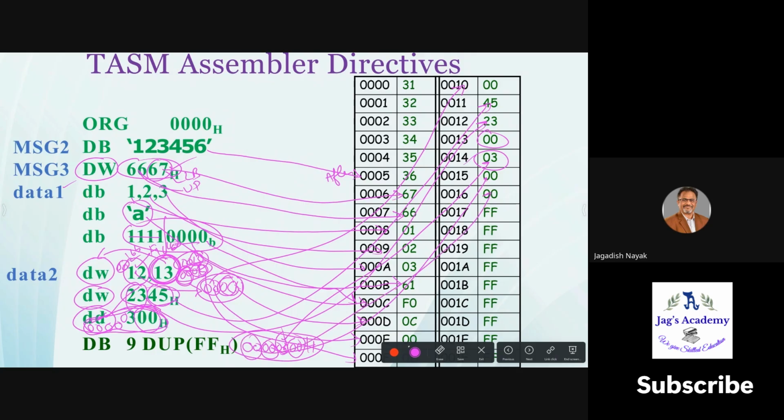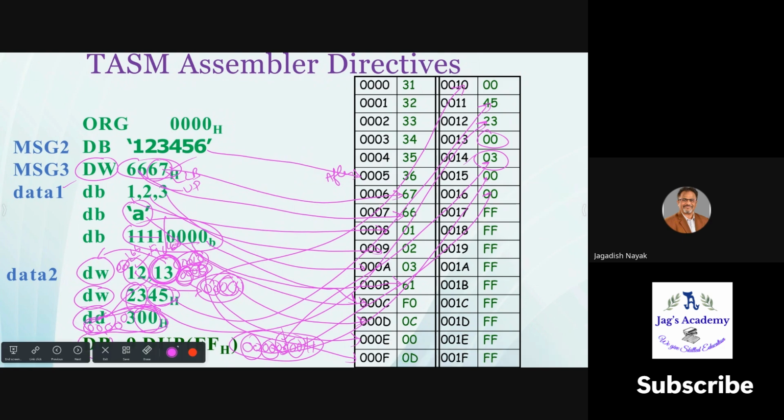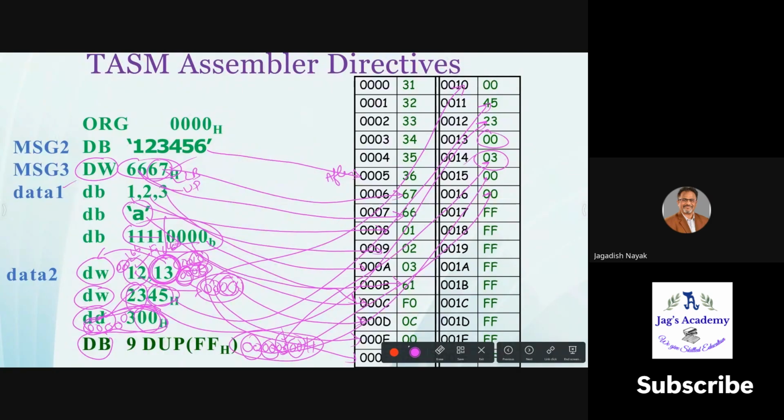After that, it is DB 9 DUP FFH. What exactly does it mean? The data you are going to use is of type byte. 9 DUP means you have to duplicate the value FFH in 9 locations from this memory location.